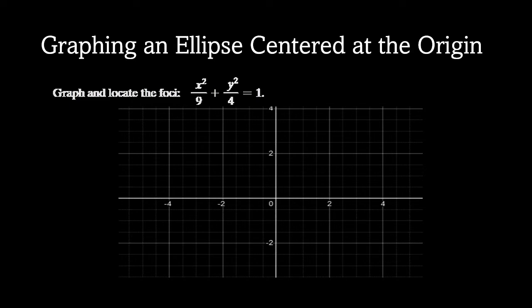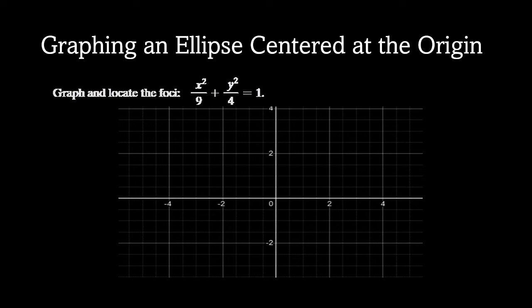So let's start with graphing the first ellipse, centered at the origin. Keep in mind, in this chapter we're talking about ellipses centered at the origin. So we have to graph and locate the foci of x squared over 9 plus y squared over 4 equals 1. My a squared here is 9 and my b squared is 4, and we have a squared greater than b squared, and a squared is located under x squared, so we have a horizontal ellipse.